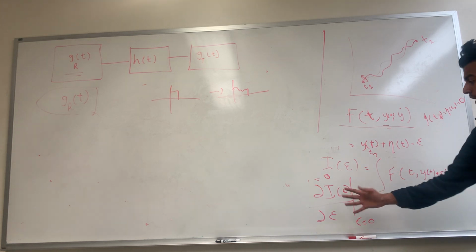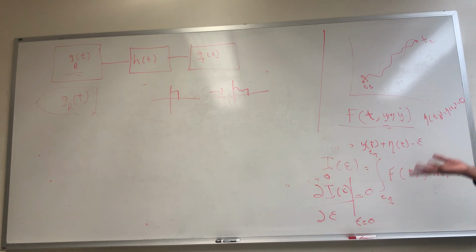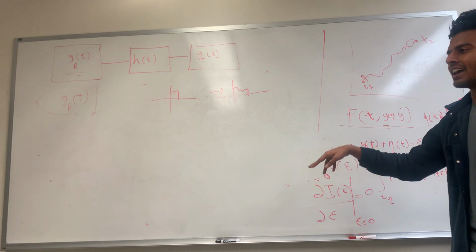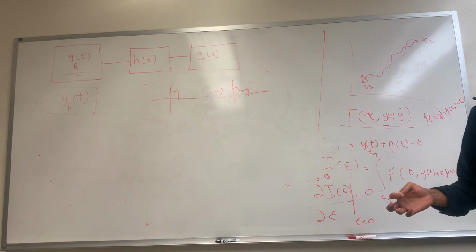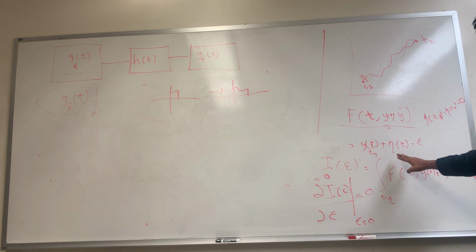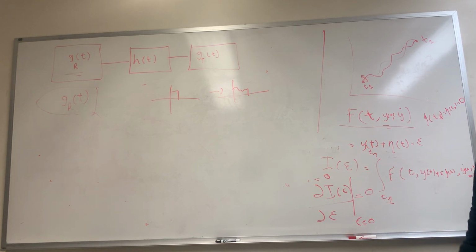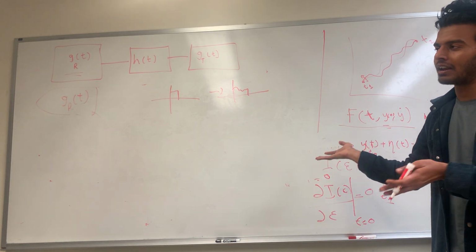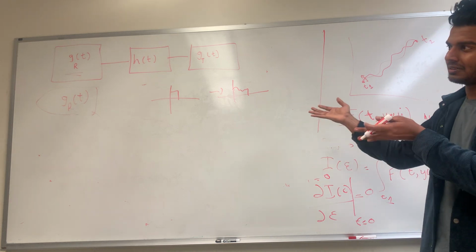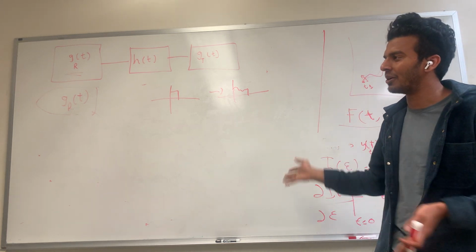When you try to optimize it, we just keep our fingers crossed and hope that this eta of t doesn't stay till the end, and that y of t doesn't end up being a function of eta of t, because that would be nasty. So let's just hope that this eta of t somehow vanishes by itself. Spoiler alert, it is going to vanish, which is the reason I'm going to talk about it.